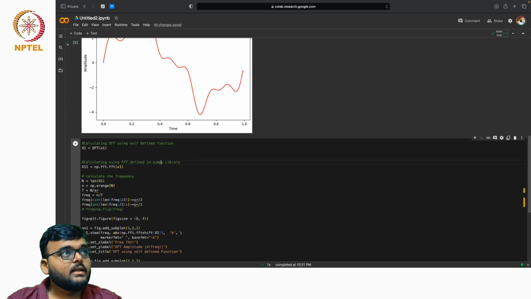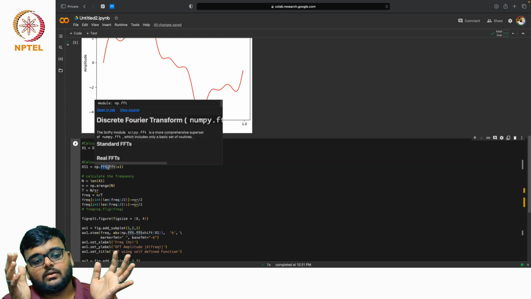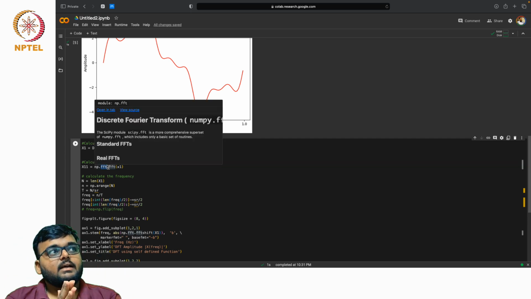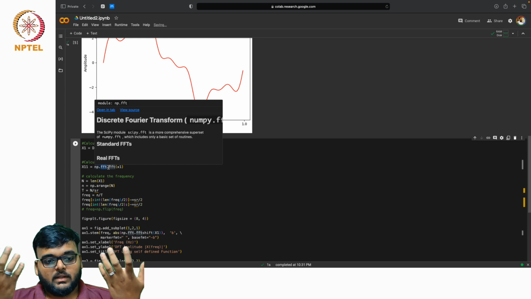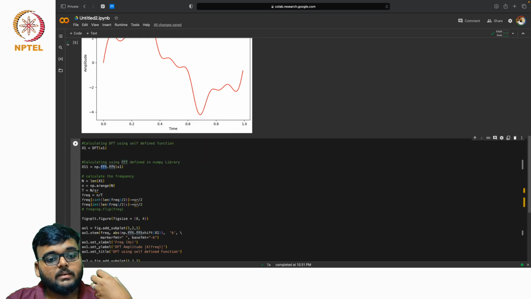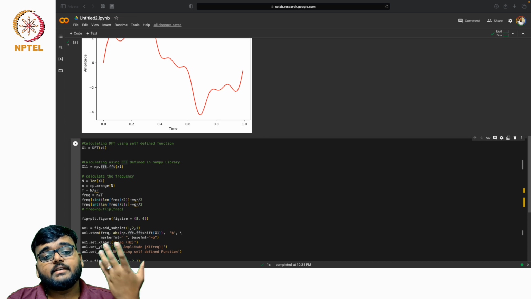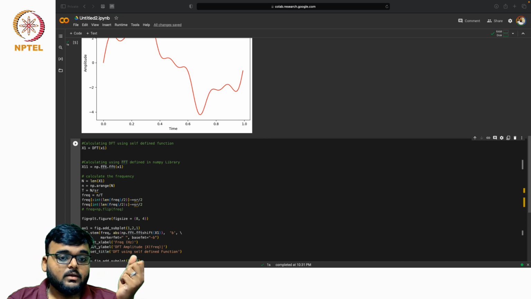So NumPy has a class, or an object, called FFT, inside which there is an FFT function. You don't need to understand this, but NumPy is a very big library. In that there is a smaller library called FFT, and inside which you have the actual FFT function.